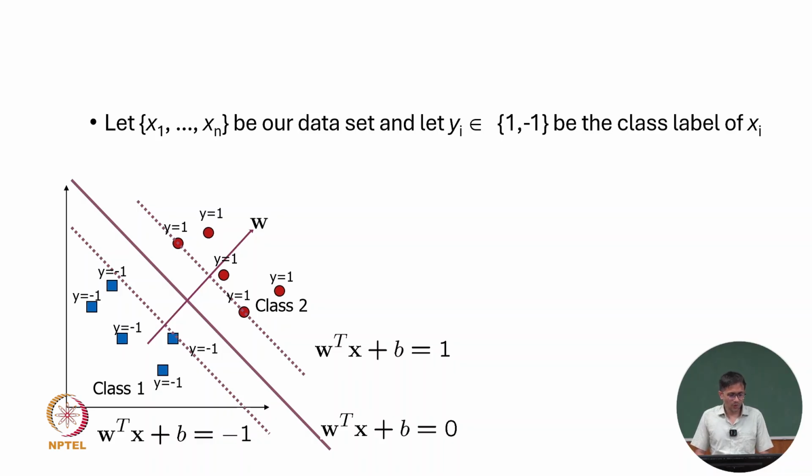All my red points either touch wtx plus b is equal to 1 or are on the right side of it. All my blue points are either touching wtx plus b is equal to -1 or are to the left side of it. Also, we have this w here, shown more pictorially.